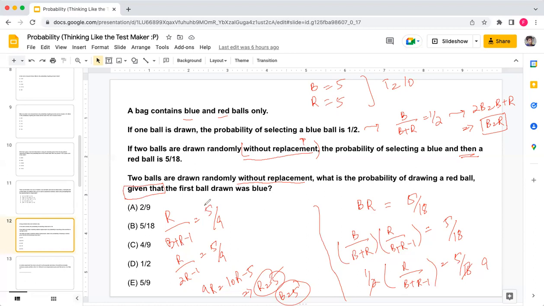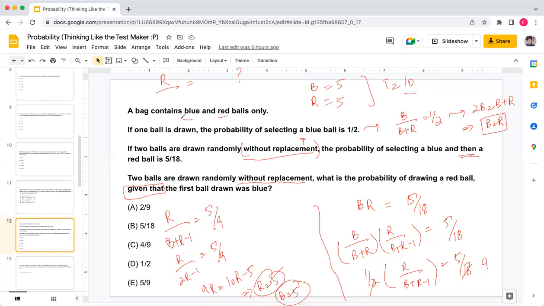Earlier we picked the blue ball out of a total of 10.